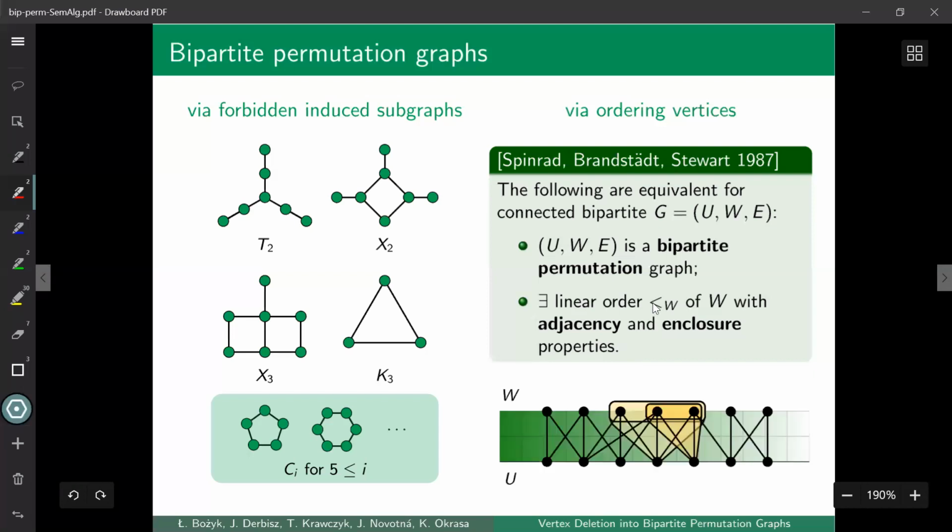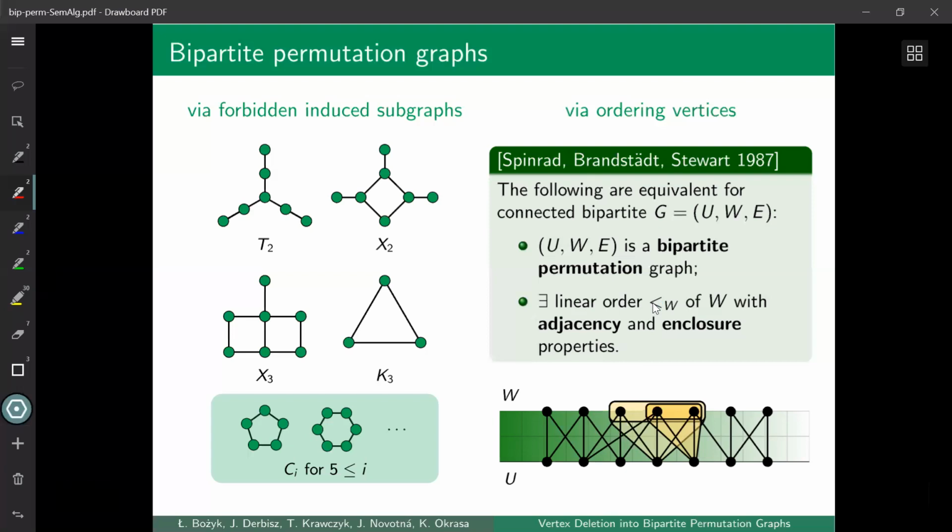Okay, so another view, maybe more intuitive, is that bipartite permutation graphs are precisely those graphs which are embeddable into the opposite edges of a rectangle, say a paper rectangle strip, in a way that neighbors of vertices from the bottom edge satisfy enclosure and adjacency properties on the top edge.